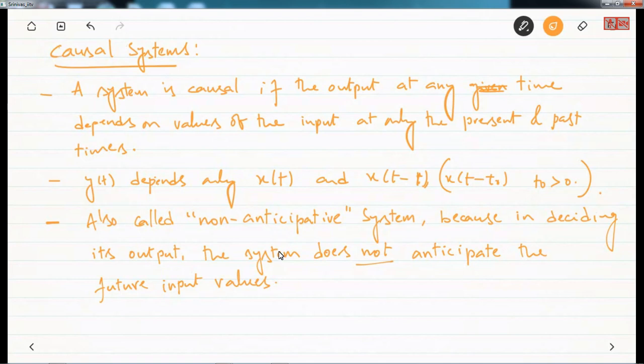It depends on the inputs given till that point of time. That's it.